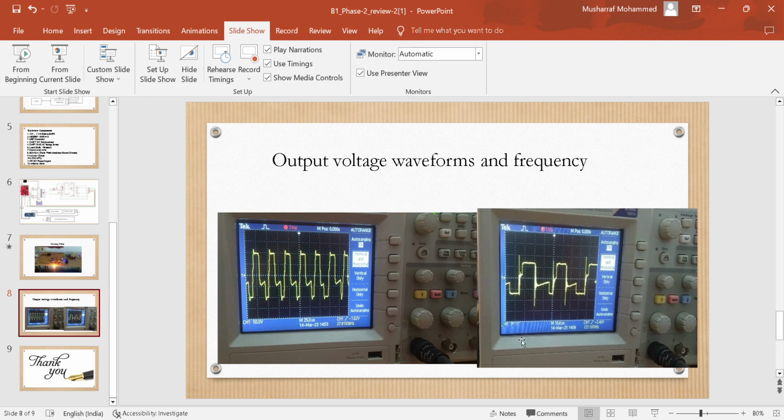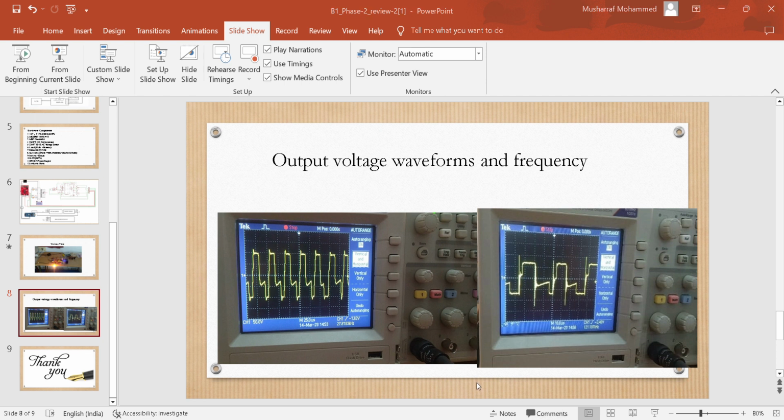If we use the SMPS, we get 120 kilohertz, as the SMPS supplies constant voltage and we draw 15 amperes while switching the MOSFET. That current causes a high level of switching, which simultaneously generates high frequency.